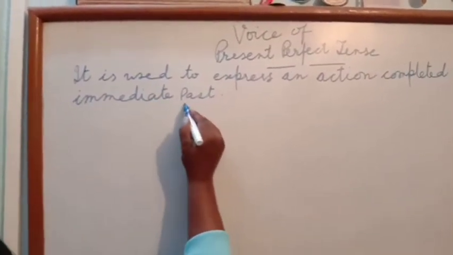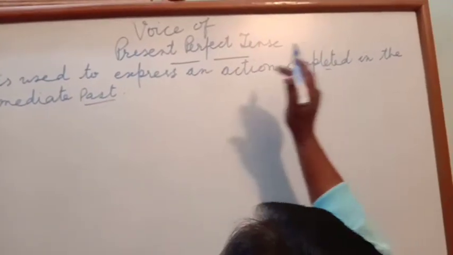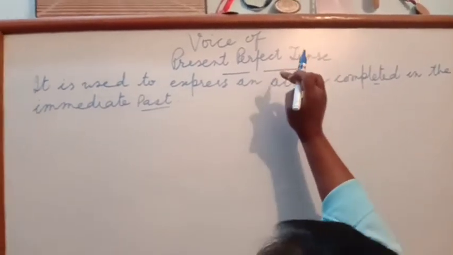Immediate past means just now. Perfect means any work is completed. Any work is completed, that is called perfect.